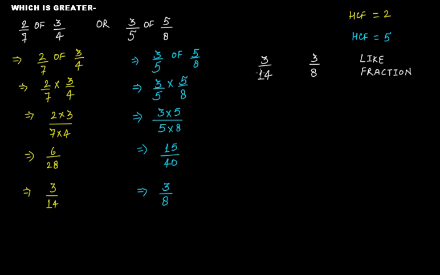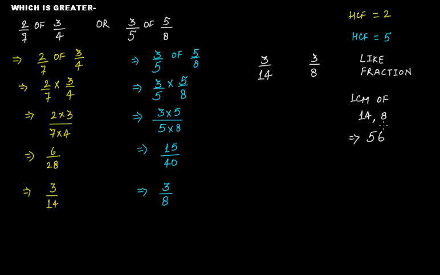Now in order to make these two fractions like fractions, first find out the LCM of 14 and 8. Okay. And when you find the LCM of 14 and 8, the answer will be 56. How we got this value?